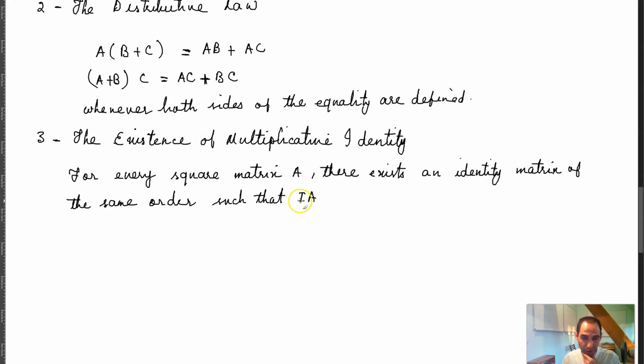The identity matrix is denoted by I of any order, of order 2, 3, and so on and so forth, is equal to IA is equal to A. So that is the existence of the multiplicative identity. We will, of course, see a couple of examples regarding these 3 points here.